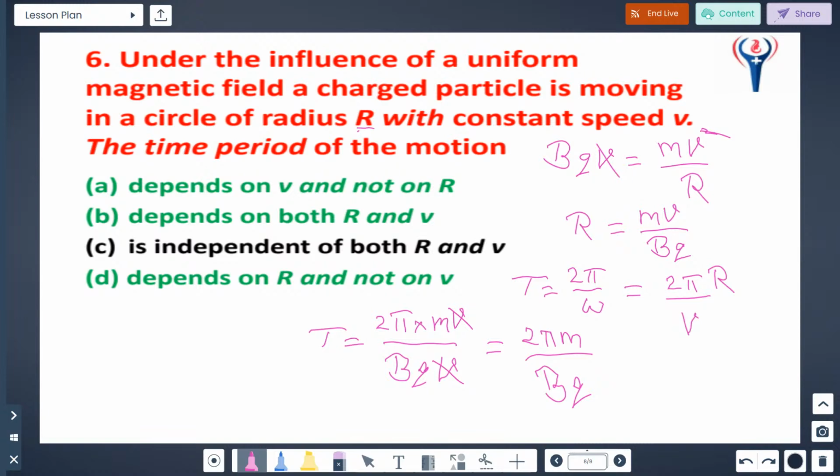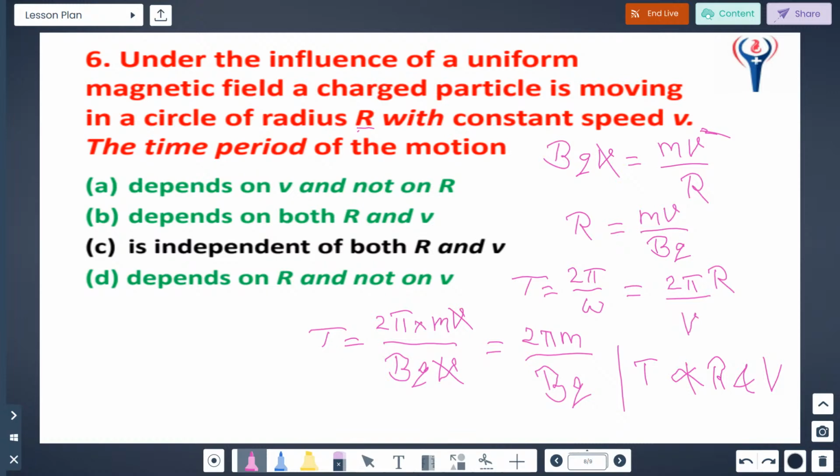So we wanted to check whether the time period depends on R and V. R we already substituted and cancelled. So the time period is independent of both R and V from this formula, because there is no R and no V there.